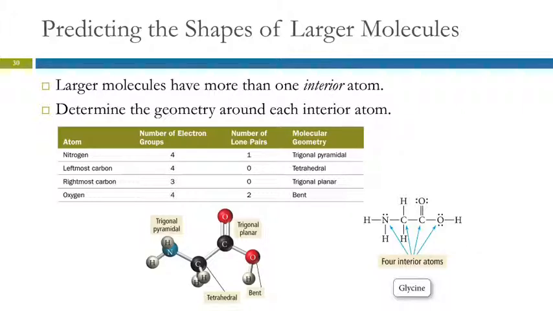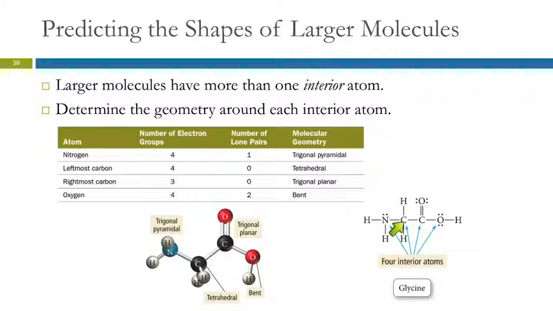They're between things. So this nitrogen has 4 electron groups. So the electron geometry is tetrahedral, but the lone pair is invisible, and so that gives us the trigonal pyramid shape over here.